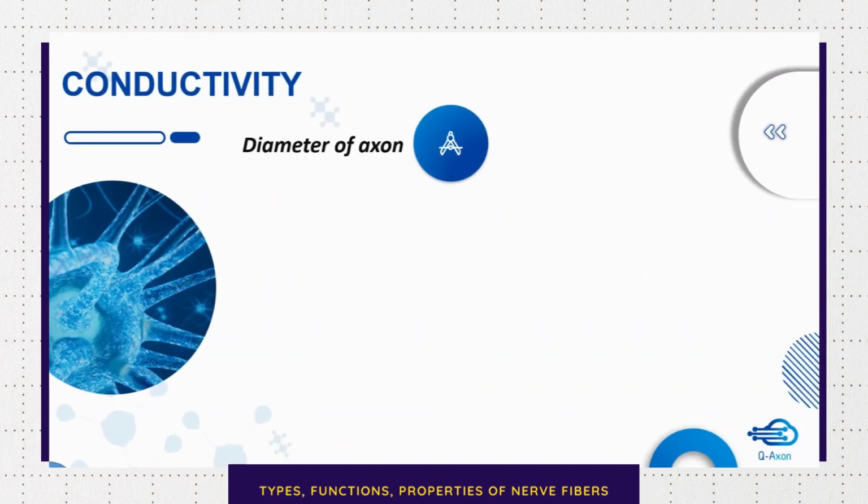Now, there are many factors which affect conductivity. We've already seen how diameter affects conductivity. It is the large diameter fibers which conduct the fastest. Now, of course, myelination is a very important factor. The myelinated nerve conducts much faster than the unmyelinated nerve.